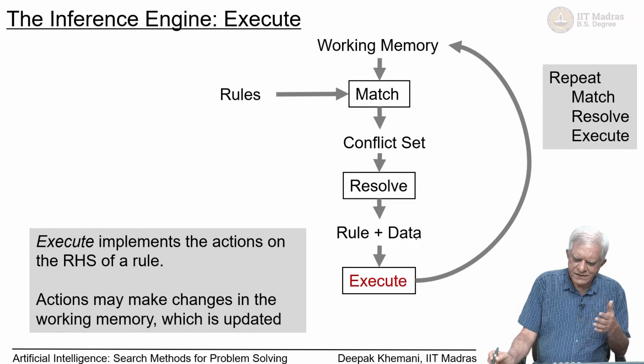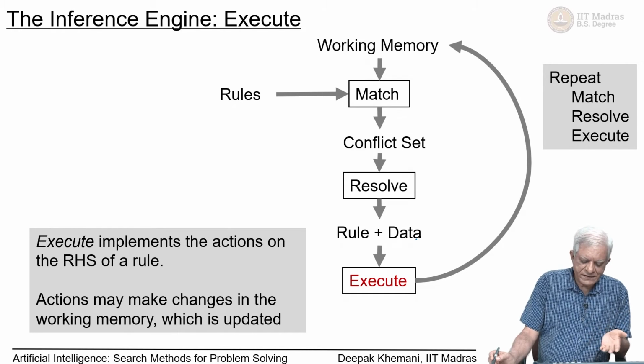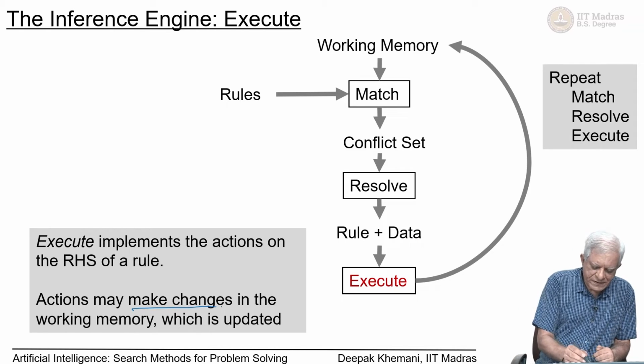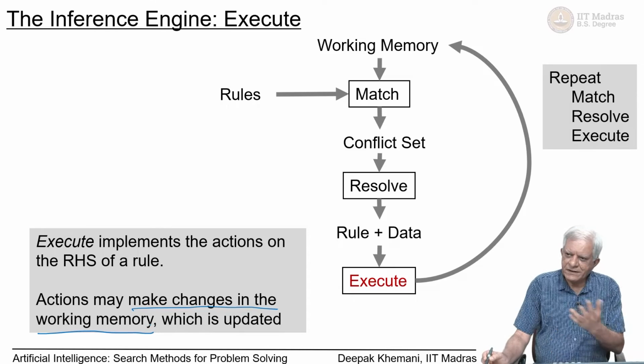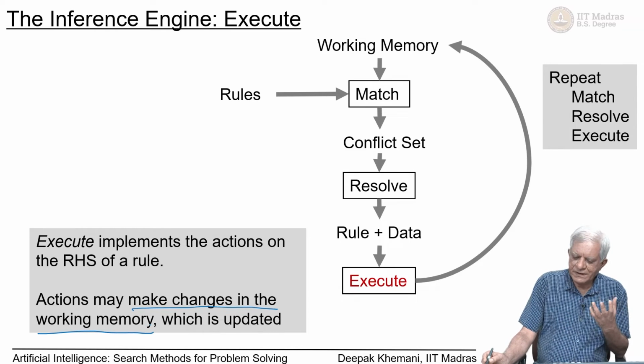And the last stage of the inference engine is that you execute the rule plus data that you have fired, and the actions that are executed may make changes in the working memory, which is then updated, and then you have new working memory elements.